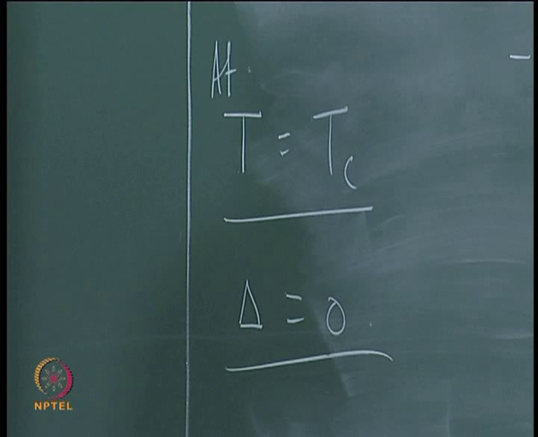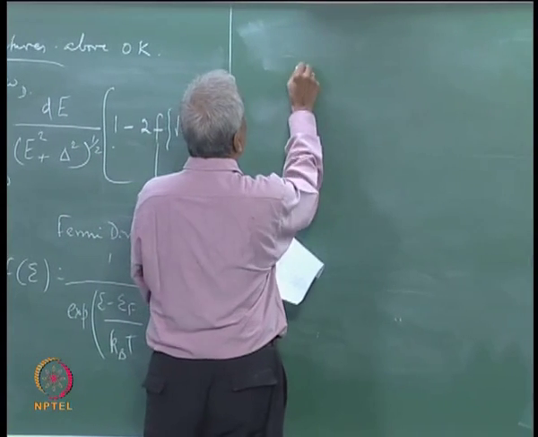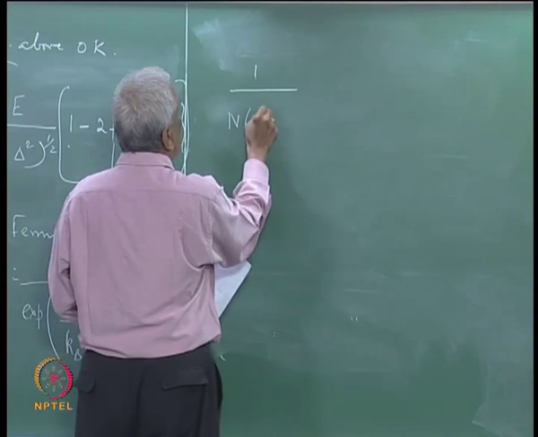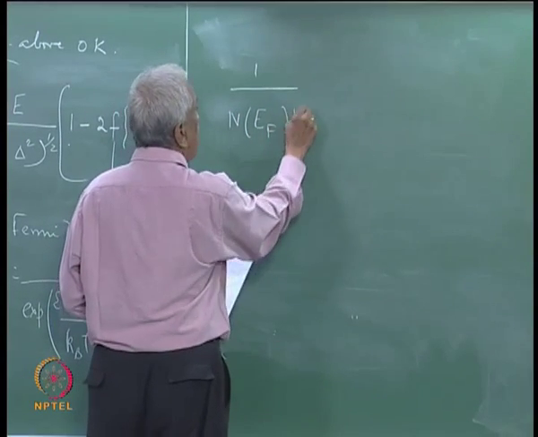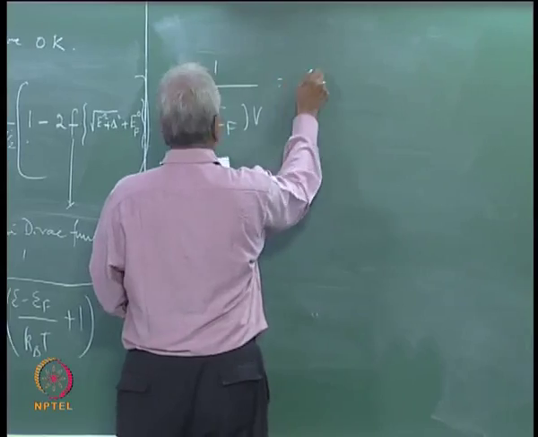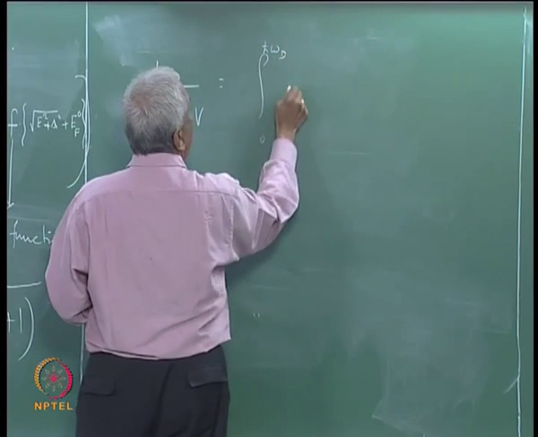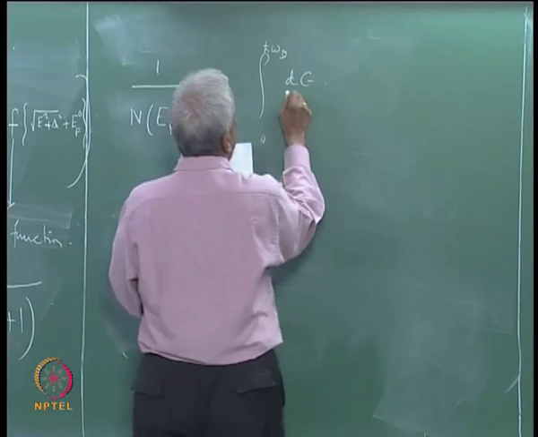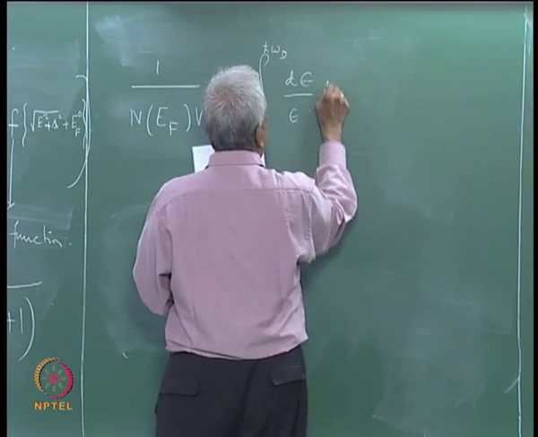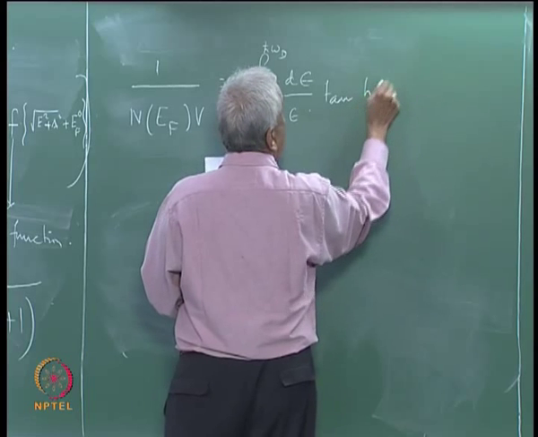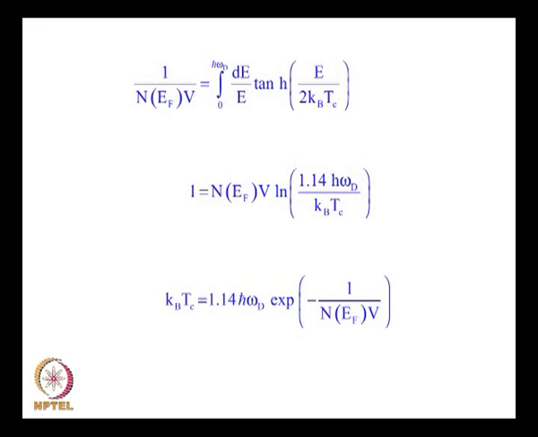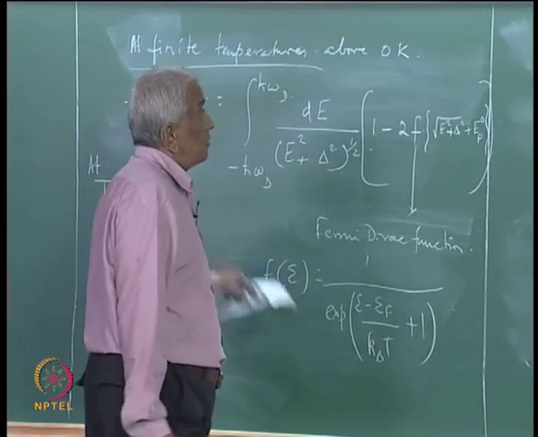In order to do that, we have to evaluate this integral. So, we get 1 by n of E f V equal to, that is from this and this definition.